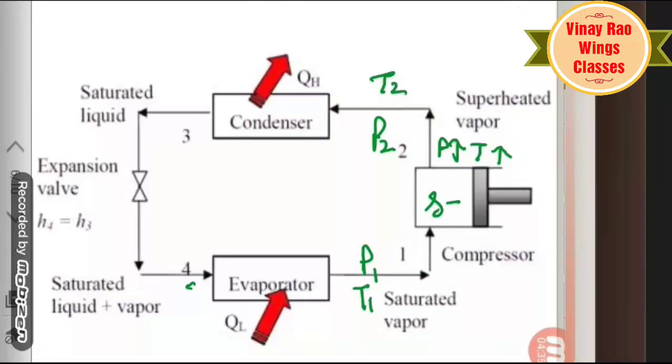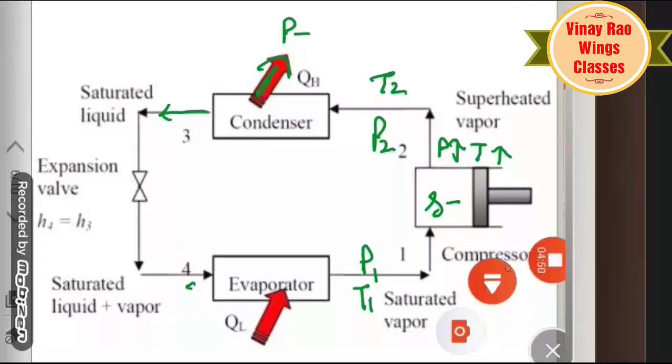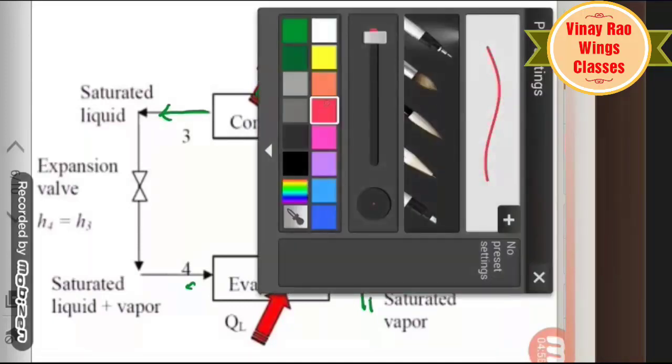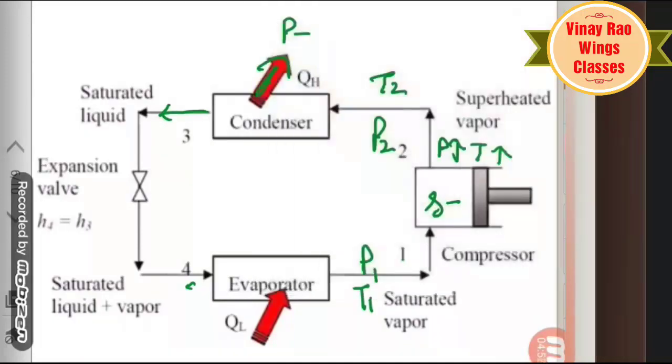After this, condensation takes place. In the condenser, the heat energy is removed at a constant pressure, and we go to point 3, which is saturated liquid. At a higher temperature, heat energy is removed.